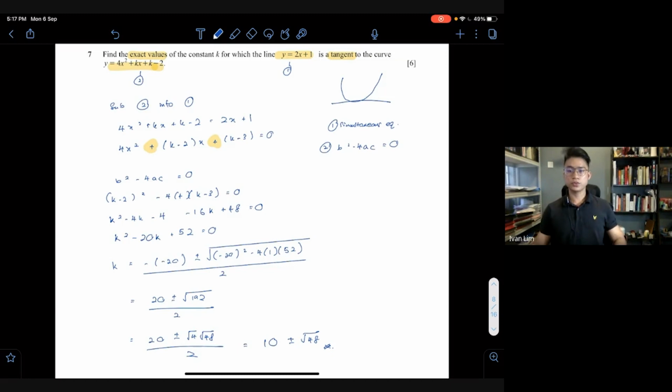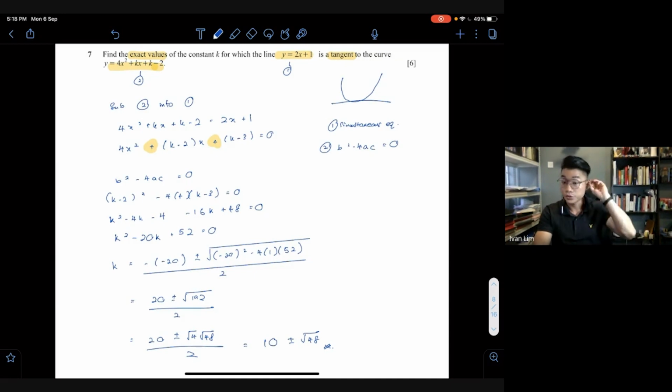Ten plus 2 root 12. Oh yeah, can you simplify it even more? Wait, did I count wrong? 2 root 12, because 48 can be divided by 4.